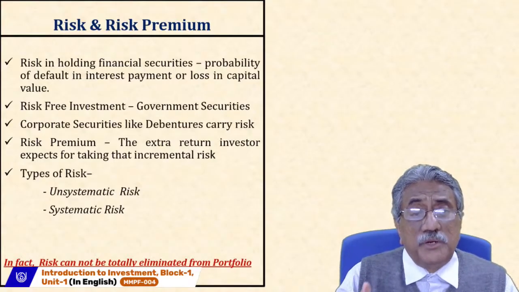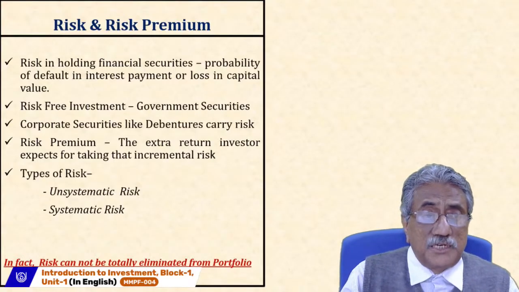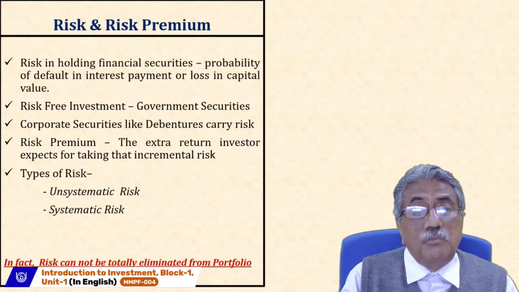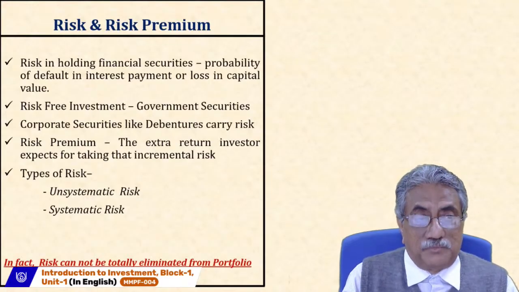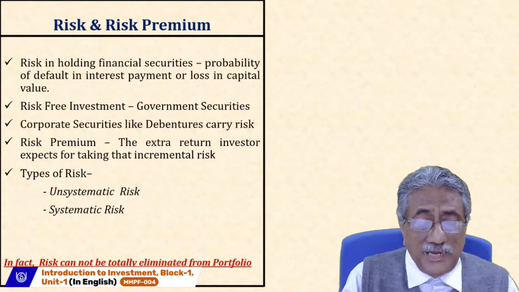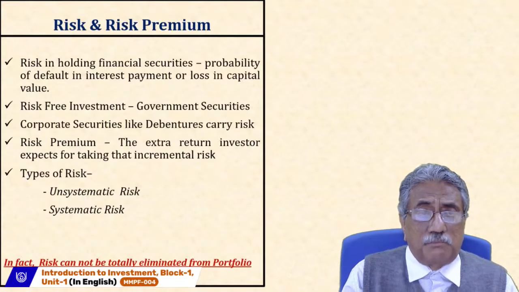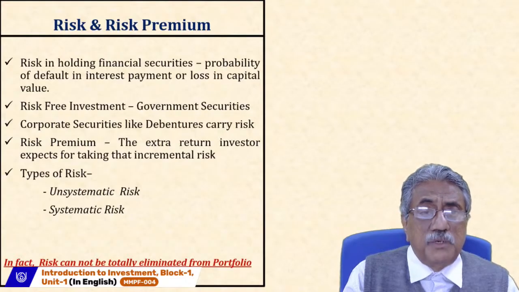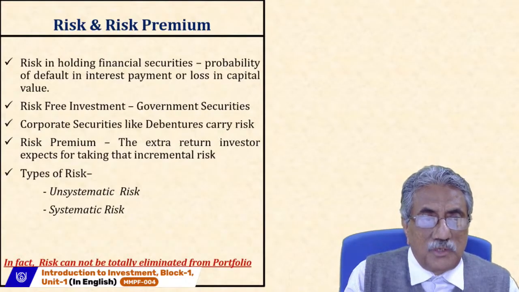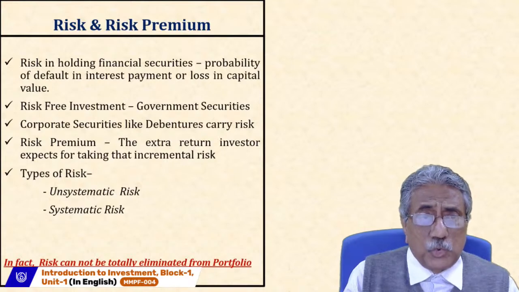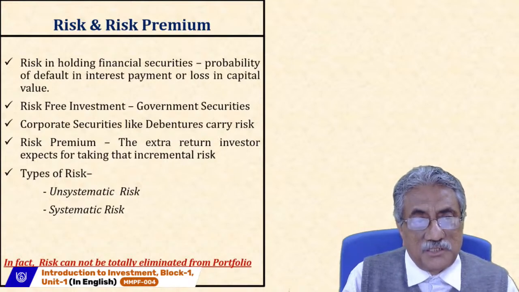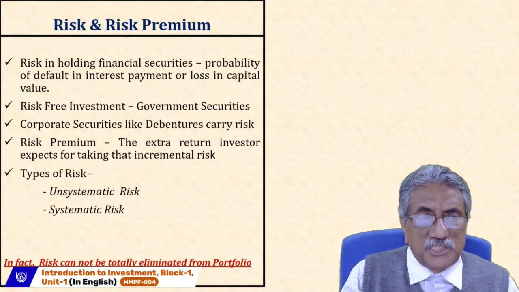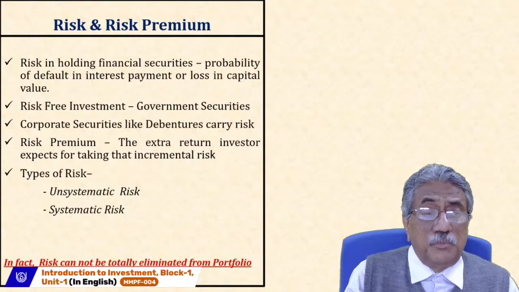Their expected return may be 10%, 12%, 15%, depending on how much risk one can take. If I like to invest in very good companies, top companies, then maybe my risk premium expectations will be low. But if I invest in Zomato and other types of companies which are a little risky, then my expected return will be high.